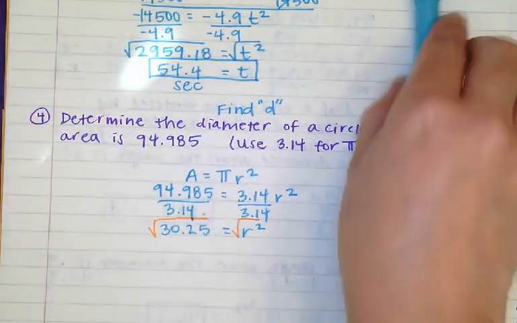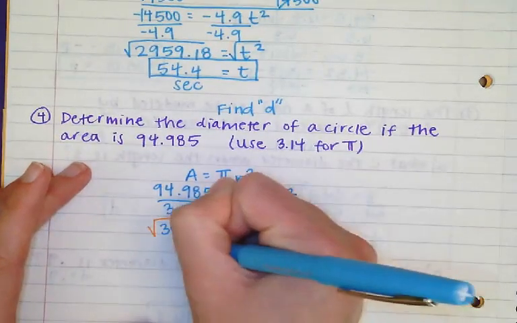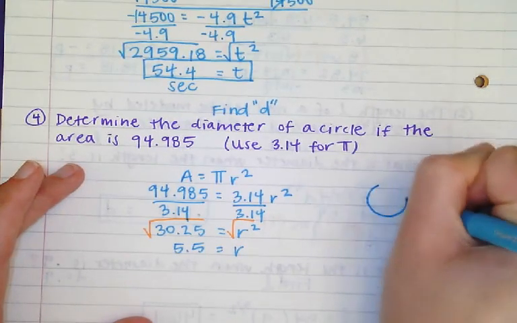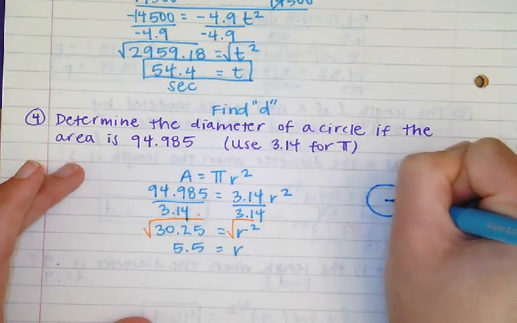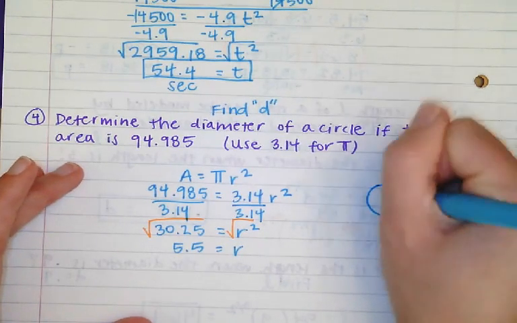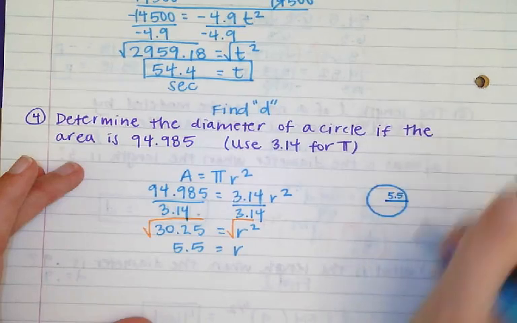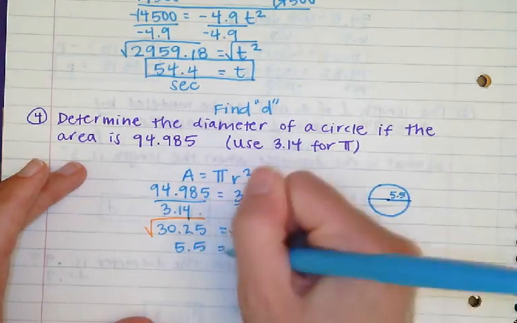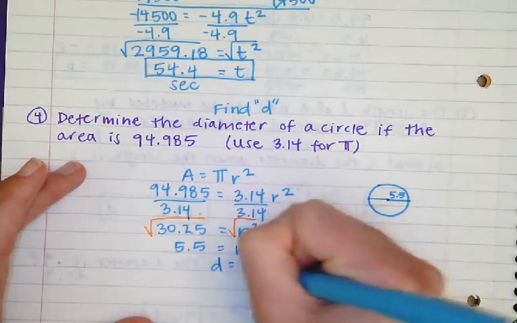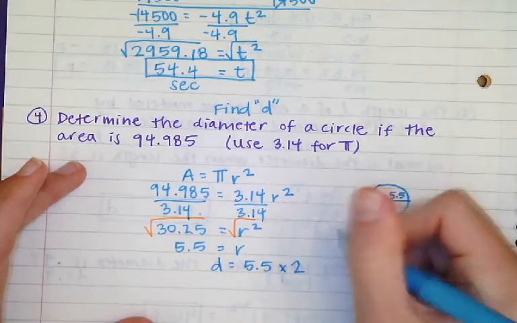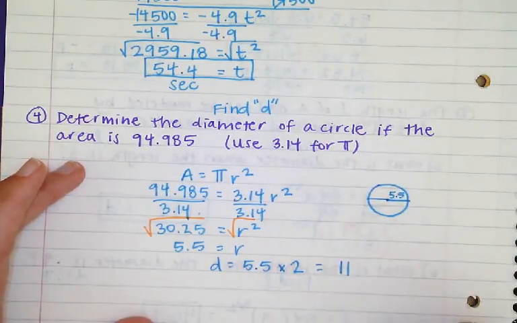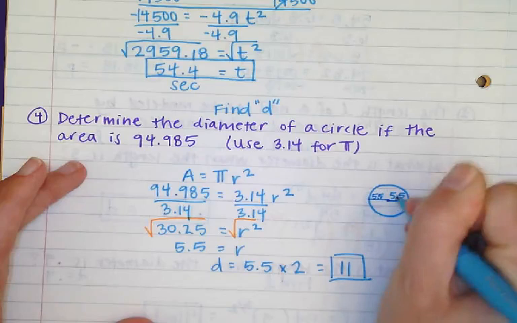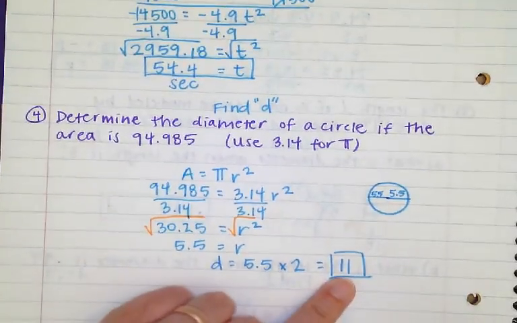All right, and we get 5.5 for the radius. So remember, the radius is from the middle of the circle to any point on the circle, and the diameter is actually all the way across. So we'll have to take, for the diameter, take the radius that we just found, double it, and it looks like we're going to get 11. So 5.5 twice would give us 11 all the way across.